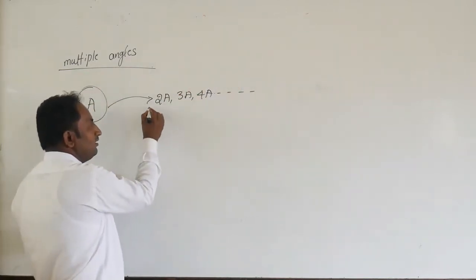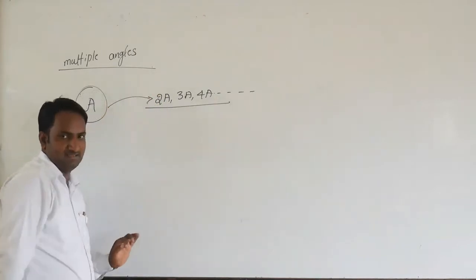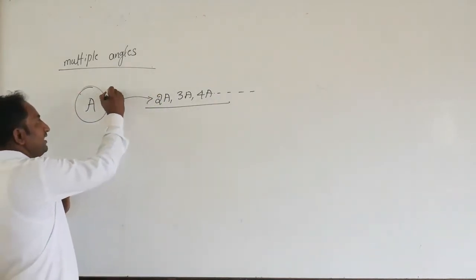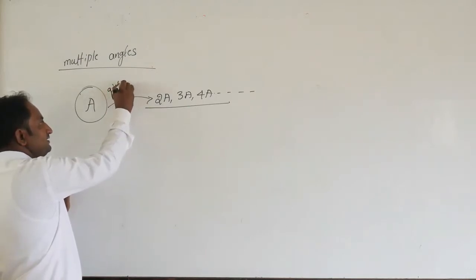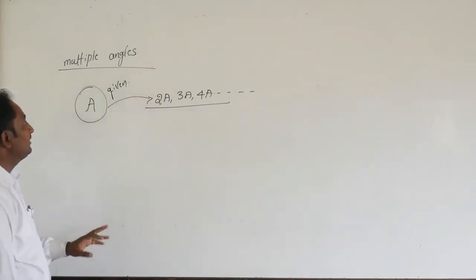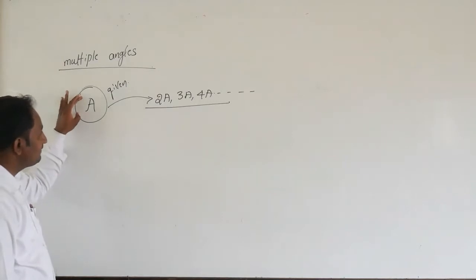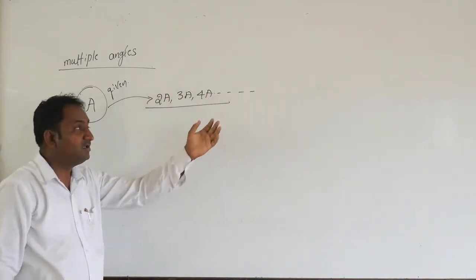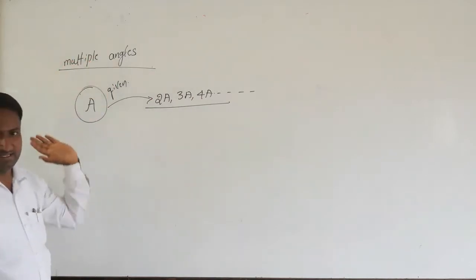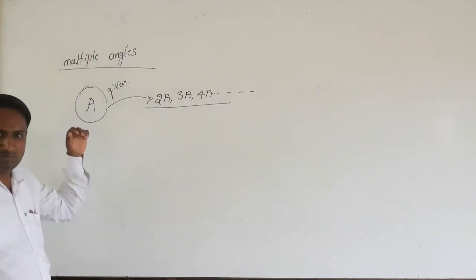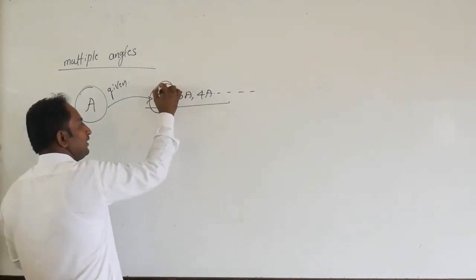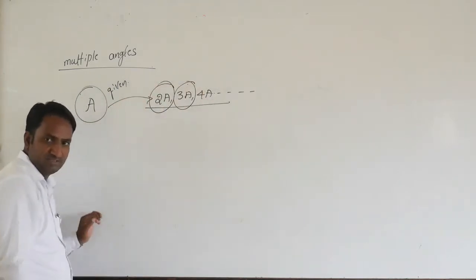These are called multiples of angles. By using the concept of compound angles, we can derive formulas for 2A and 3A.